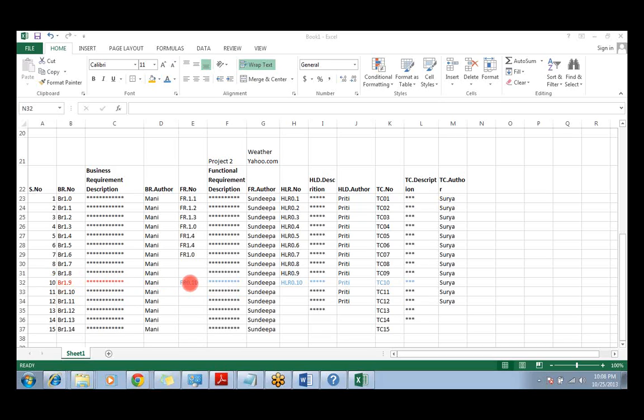Okay, BR 1.9 points to what? FR 0.10. Okay, they will come here and update this. Sandeepa will do this update in the technical requirement document, and she will maintain the document history for their technical requirement document, and she will say FR 0.10 updated on XYZ date based on the business requirement document 1.9.